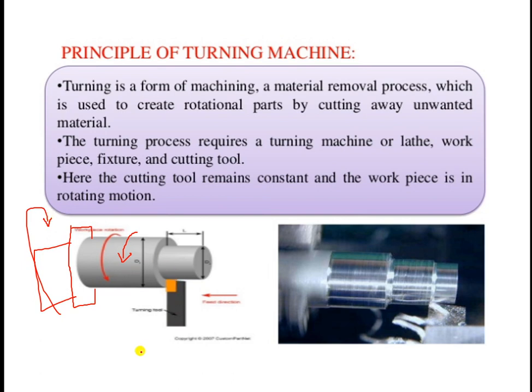Against this rotating workpiece, the single point cutting tool is rubbed, so that the diameter of the raw material is reduced from D to D minus some required dimension. So that is the turning process.